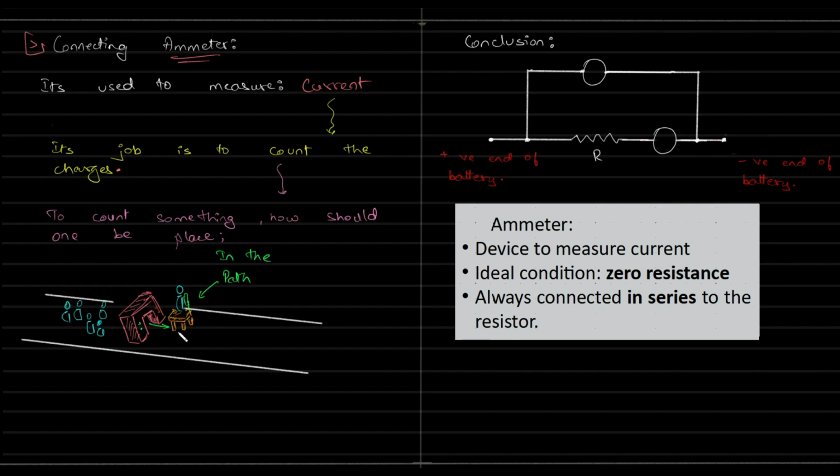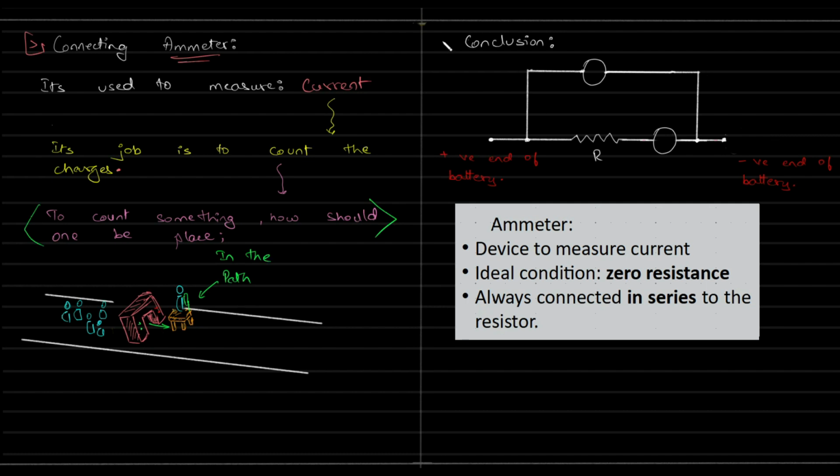So yes, this is basically how an ammeter works. It is placed in the path. The point that I'm trying to make is that ammeters are placed in the path of a flow, basically.